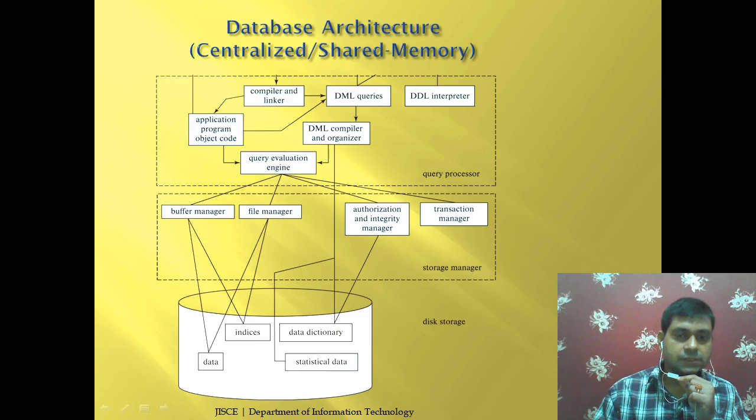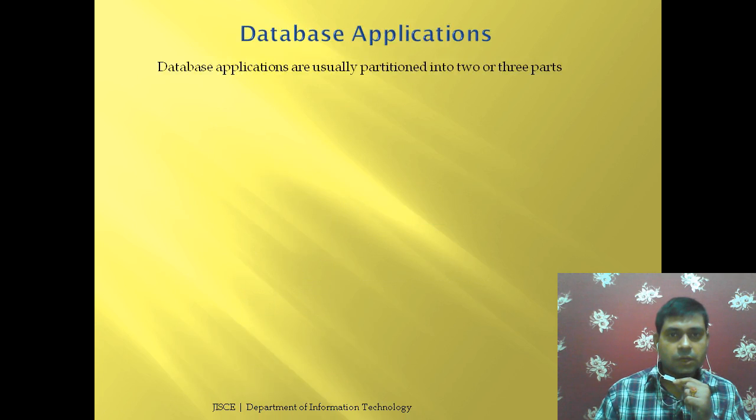This is the disk storage, from where the data comes to the storage manager, and according to the transaction manager, authorization or integrity manager, file manager, and buffer manager, all this information is fed into a query processor, where the query processor executes the query and produces the intended output, right?